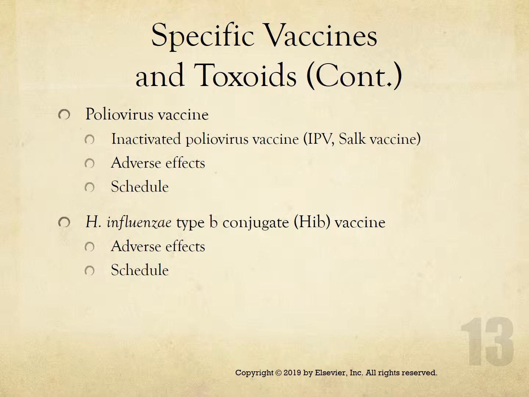So now we are able to just use an inactivated, injectable vaccine, and we don't have to have the oral. You will find, though, if you travel to certain countries, you may still be required to have the oral vaccine because they still have wild polio in those countries.